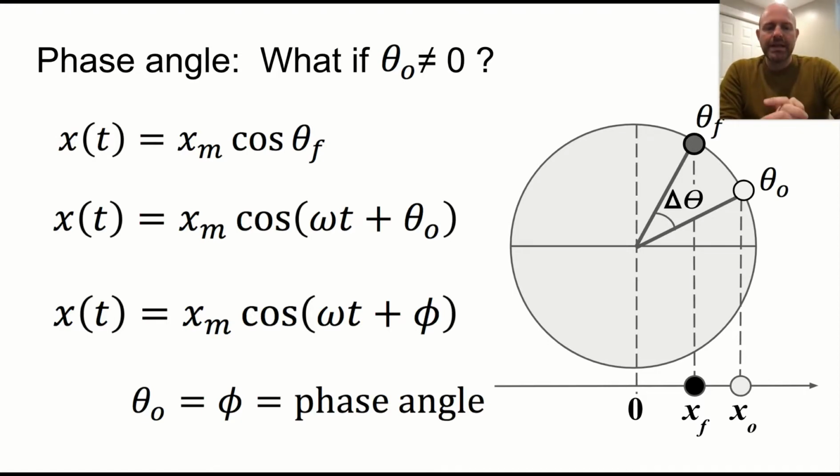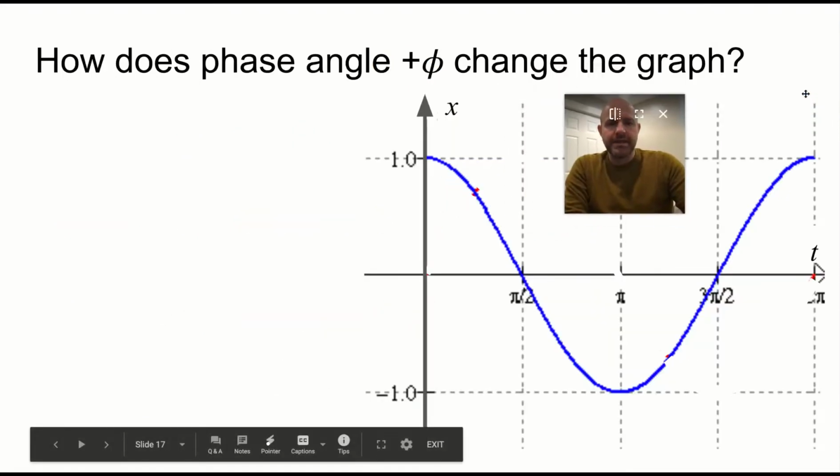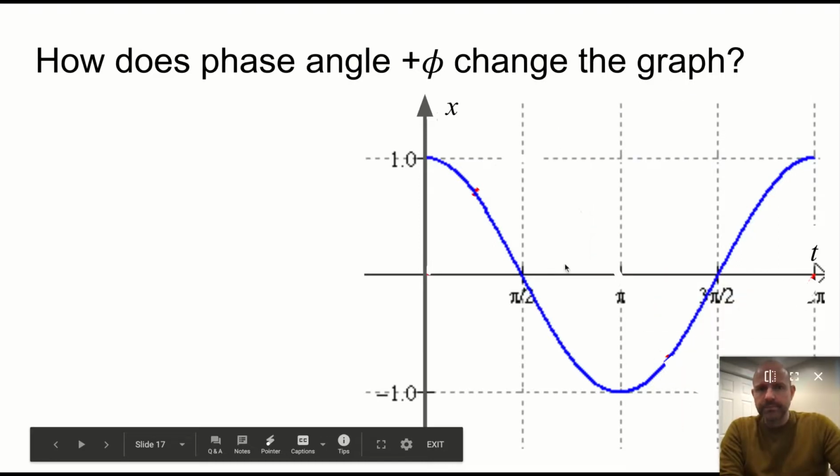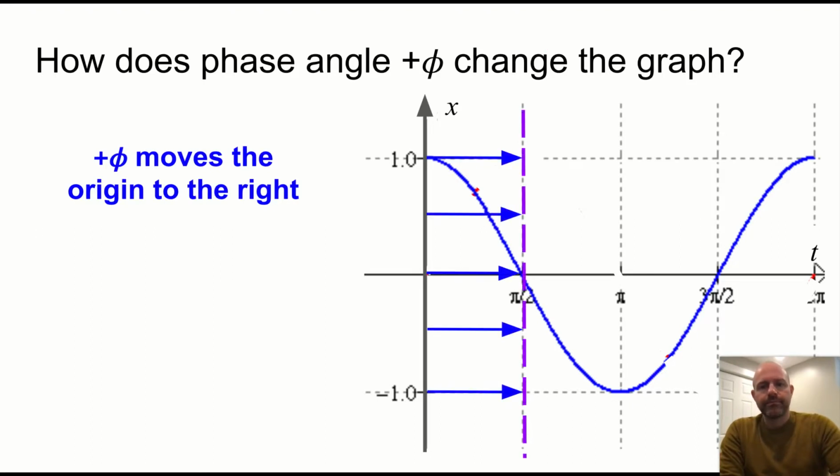But since there isn't actually an angle here, we need to think about what that means, right? If we have a positive phase angle that we add to it, what does that do to the graph? Well, if you have a plus phi in there, it actually moves the origin to the right, further into the cycle, because we're already further along in time in terms of our period.